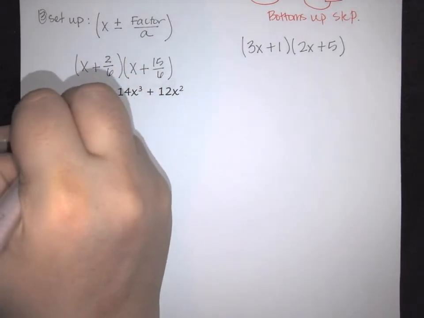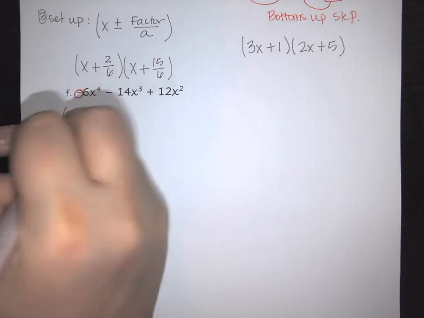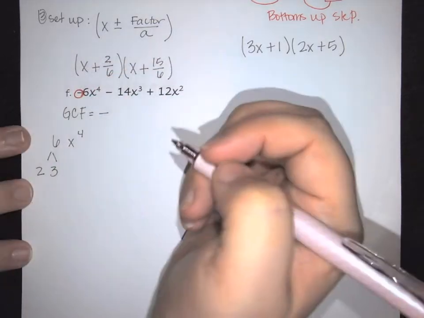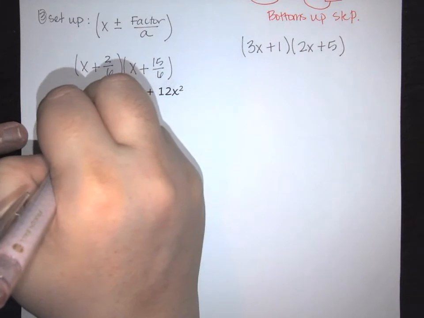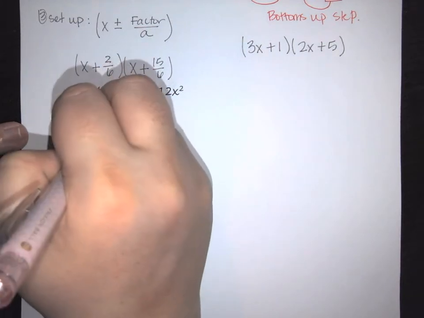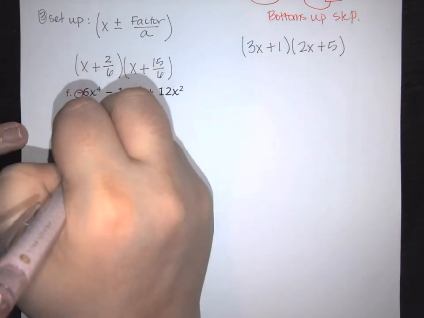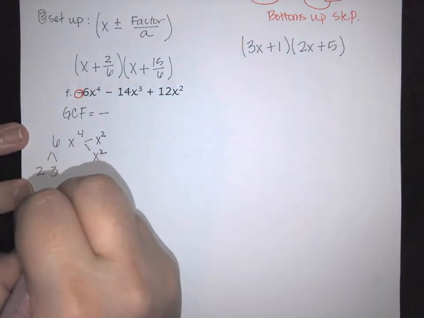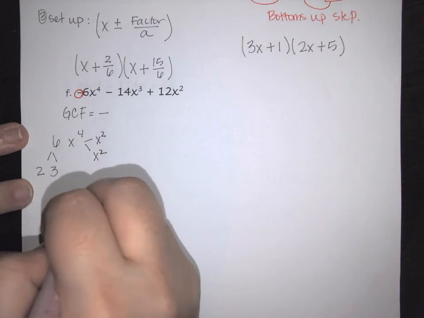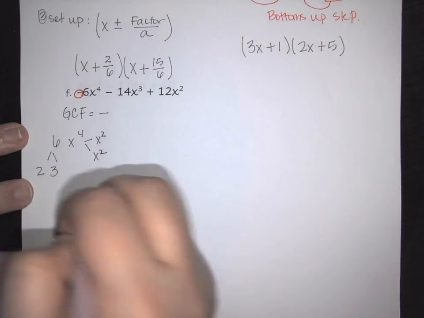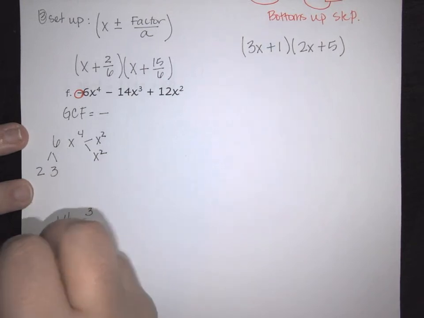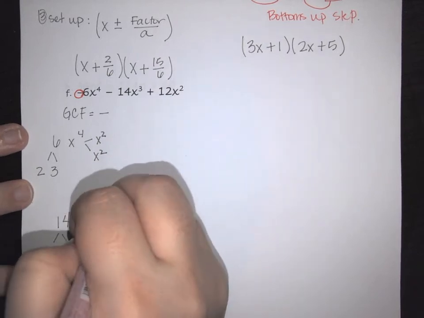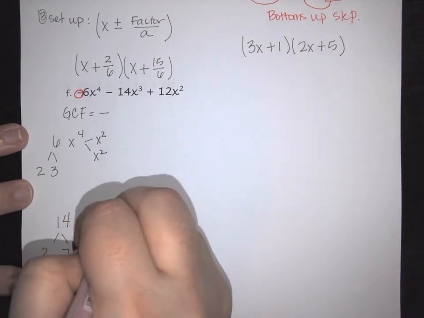So I have 6x to the 4th. My 6 can break down into 2 and 3. My x to the 4th can break down into x squared and x squared. I then have 14x to the 3rd. Here my 14 can become 2 and 7. My x to the 3rd becomes x and x squared.